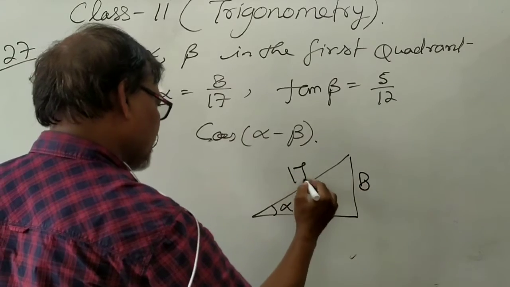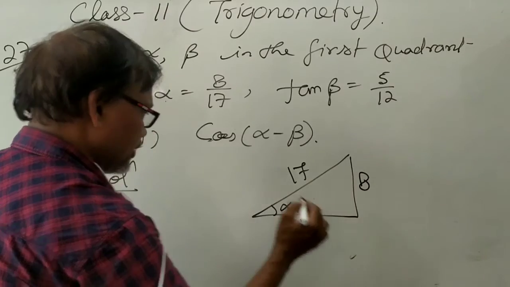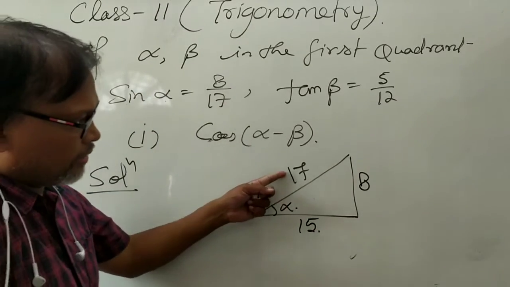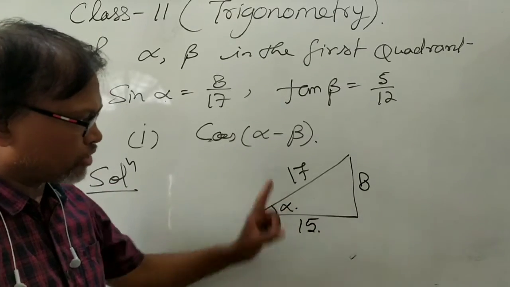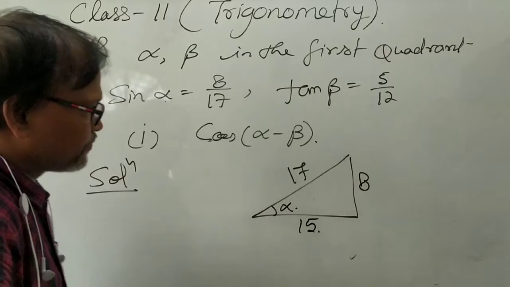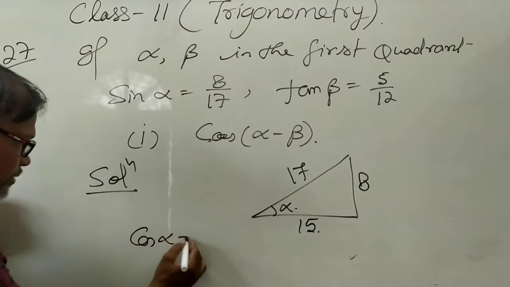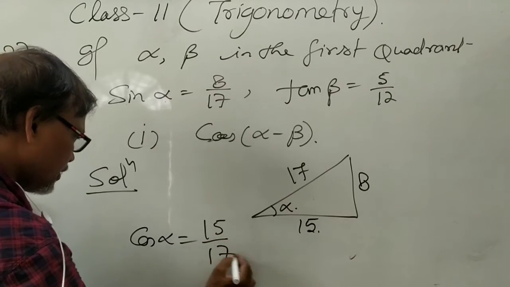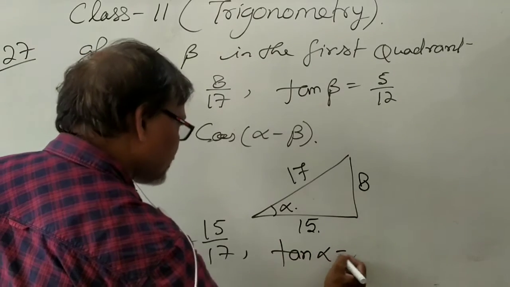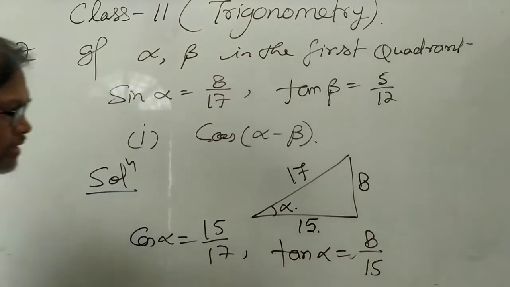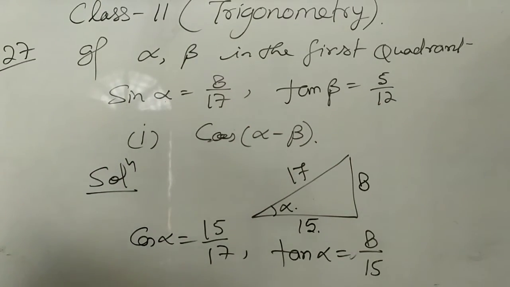So this will be 17 and then you will get the third side, and the third side will be 15. 17 square is 289 minus 64, so 289 minus 64 means 225 and the square root is 15. After getting this you can get whatever is needed. Cos alpha will be 15/17 and tan alpha also you can get if needed, 8/15. OK, then use this equation and find one more triangle.